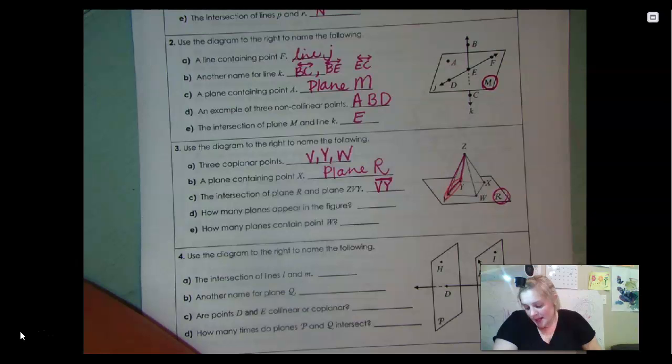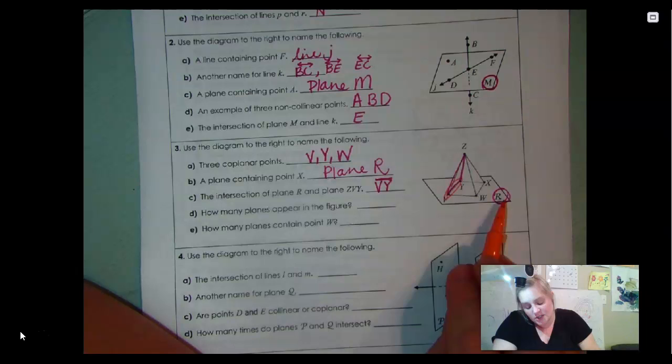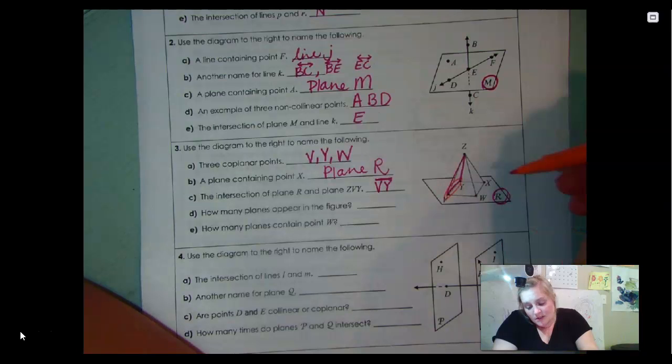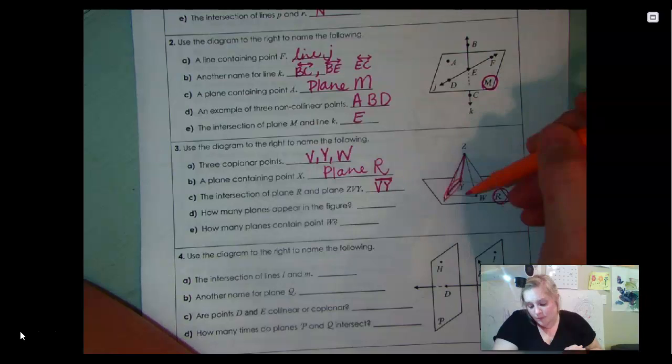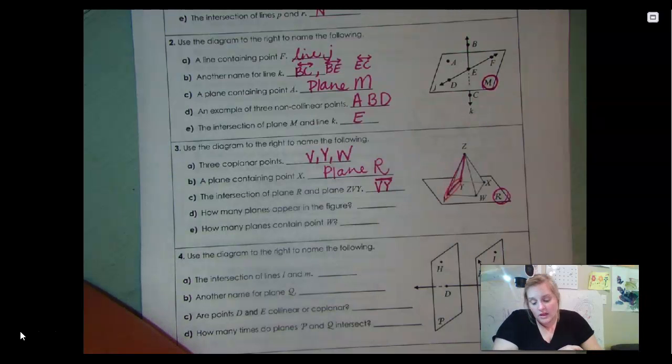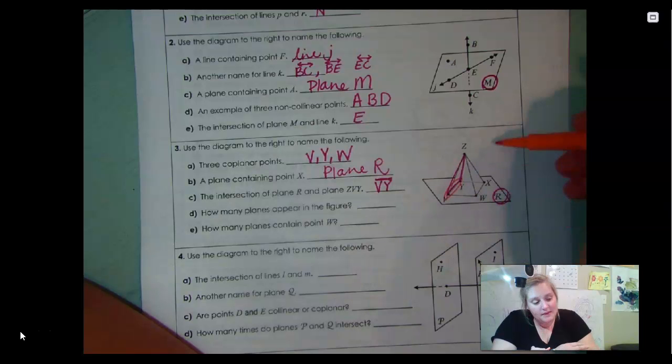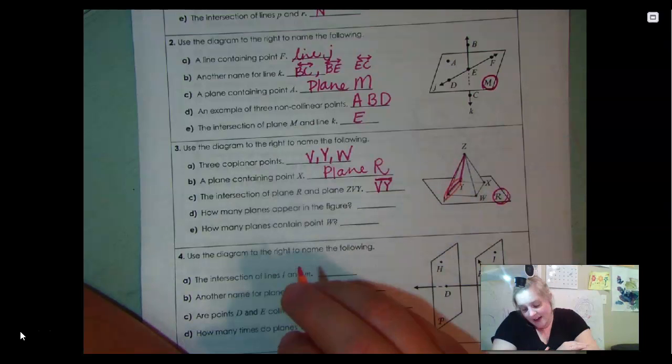How many planes appear on this figure? All right, so we've got R, which is the largest one. Then you have the base, which is another one, so that gives us 2. And then each of them has a side. 1, 2, 3, 4. So with the plane on the bottom and the 4 that are coming up, that gives us a total of 5.